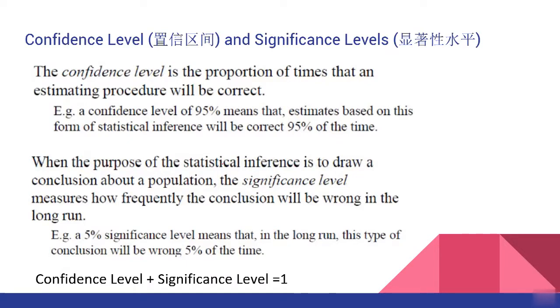When the purpose of the statistical inference is to draw a conclusion about the population, the significance level measures how frequently the conclusion will be wrong in the long run. For example, a 5% significance level means that in the long run, this type of conclusion will be wrong 5% of the time. Okay. In conclusion, confidence level plus significance level is always equal to 1. Understand? Okay.